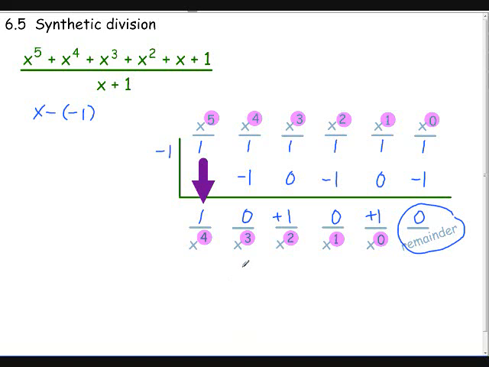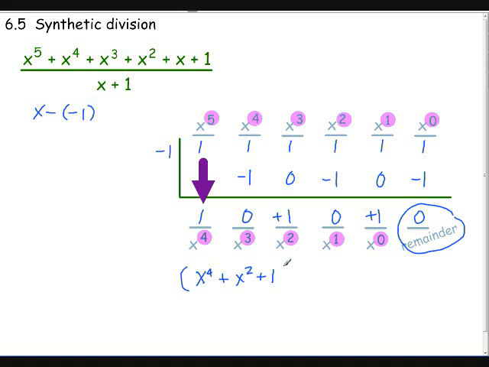Oh, but what do I have for quotient? I've got 1 x to the 4th. I have no x to the 3rds. I have 1 x to the 2nd, no x to the 1st, and 1 x to the 0, which is simply the number.